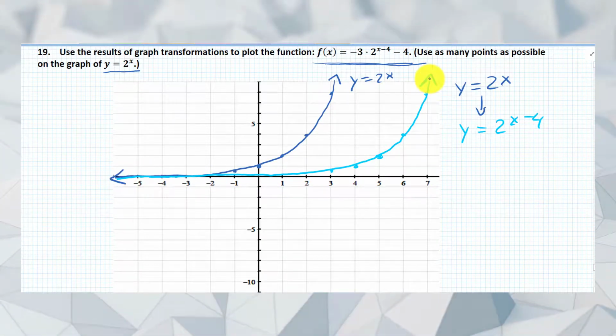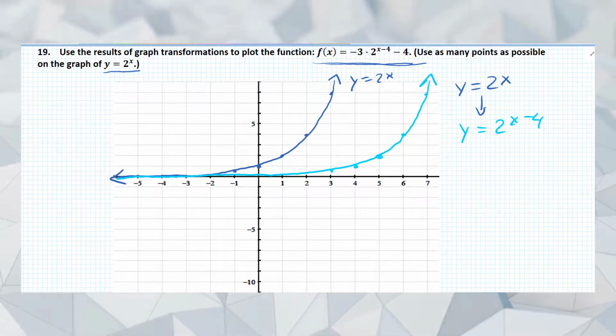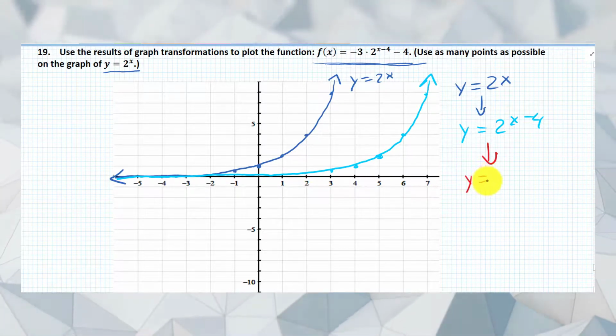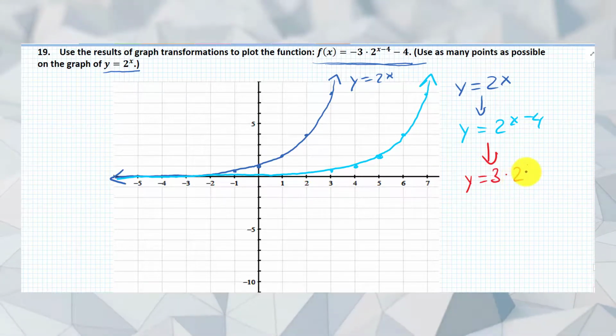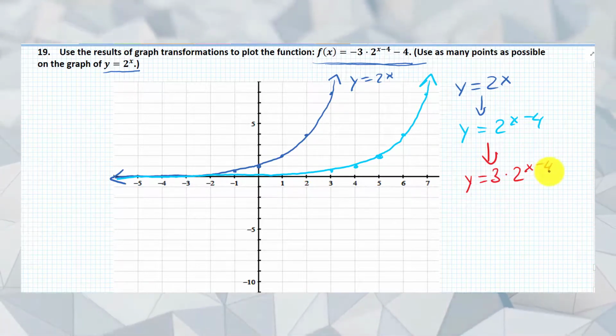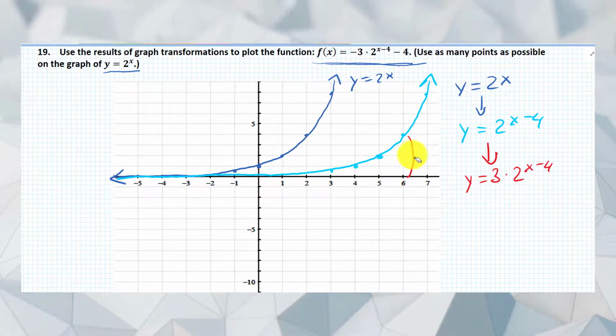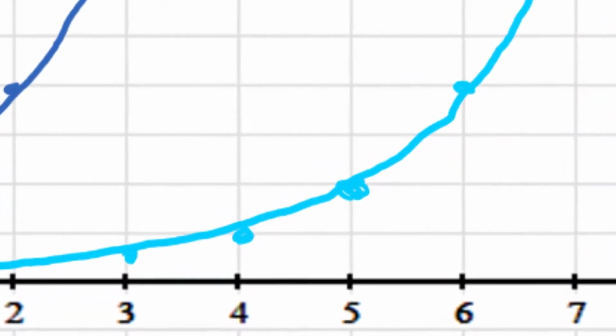Then from 2 to the x minus 4, we go to y equals 3 times 2 to the x minus 4. We know what that does. It's going to multiply the y's by 3. Okay, so this is 1/2. 1/2 times 3 is 1.5. This is 1 right here, right? 1 times 3 is 3.